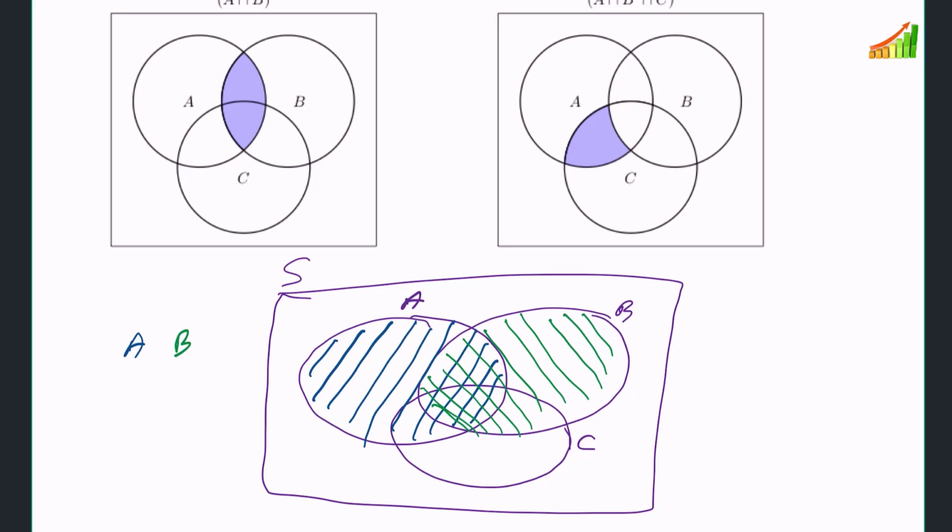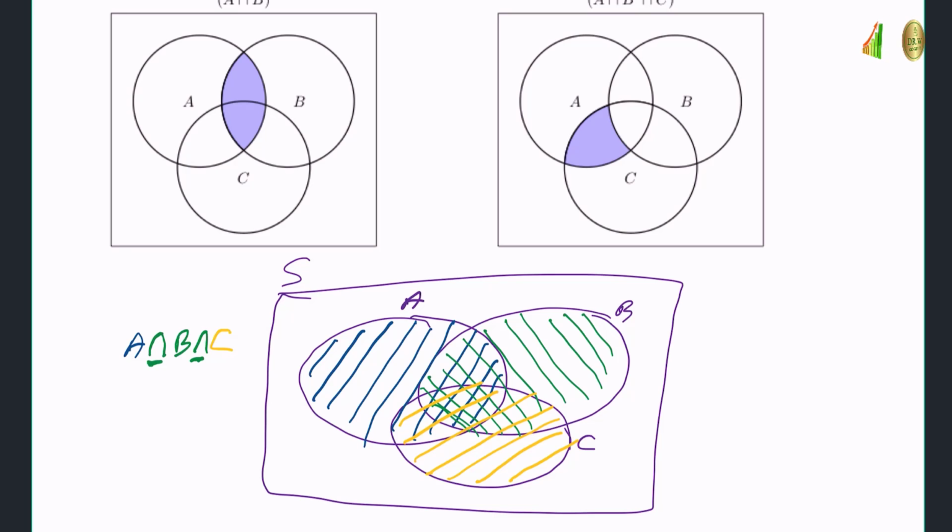The last one is C. Okay, so C is this. As I mentioned before, now go with the notation. A intersection B intersection C. So we have intersection.